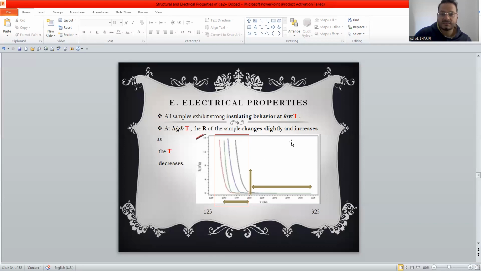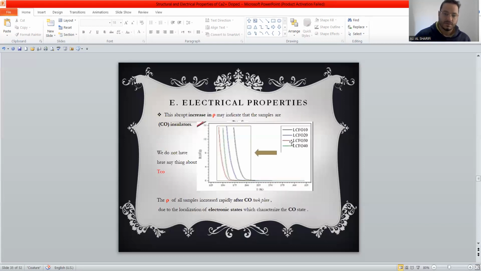And after that, we can say it increases as temperature decreases. What does that mean? When the temperature decreases, the resistivity will increase. Like that, it's simple.